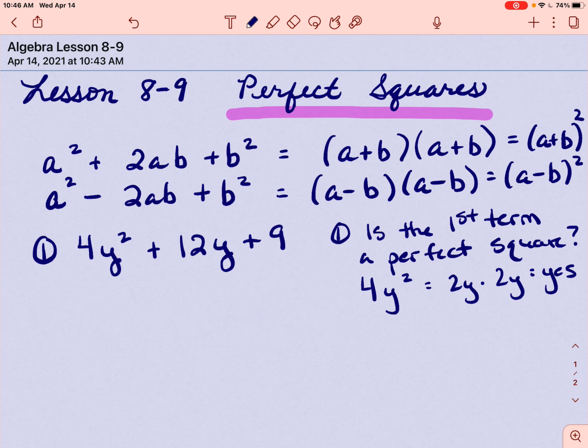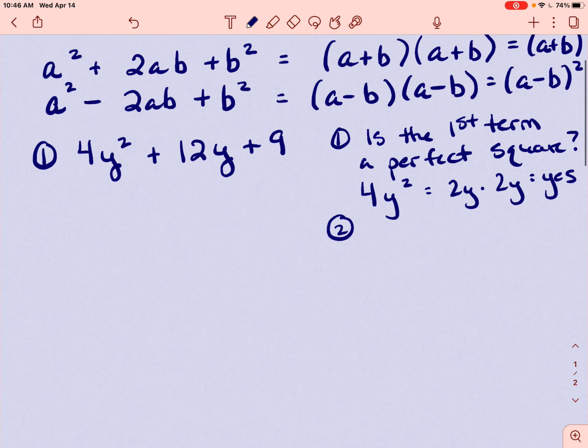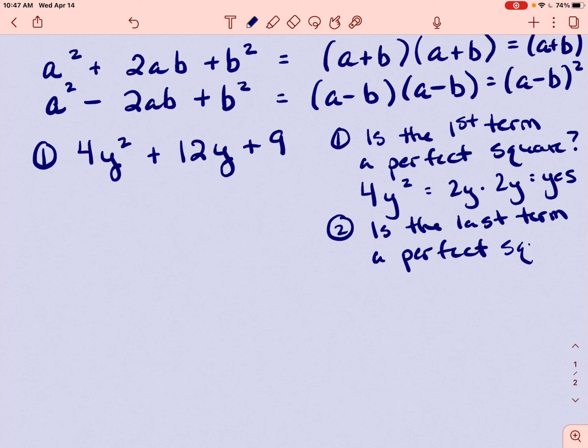Number two, is the last term a perfect square? In this case, 9 equals 3 times 3, so yes, it is.